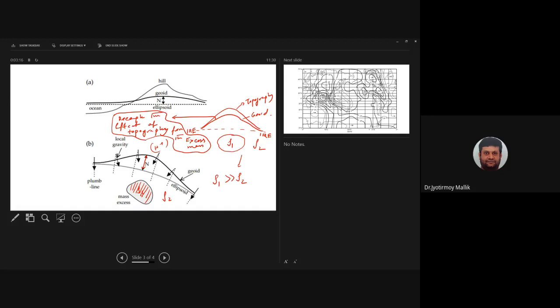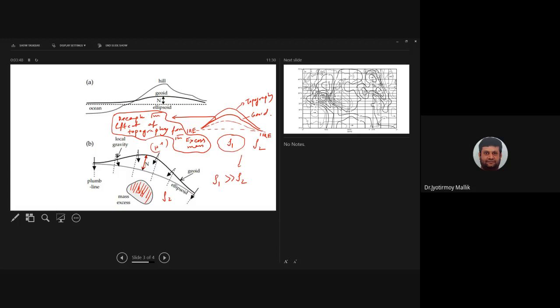So we have to understand how much geoid has been pushed due to the topography, and how much geoid has been pushed due to the excess mass. Then if we can subtract the effect of topography from the total geoid undulation, we should be able to understand the effect of the excess mass.